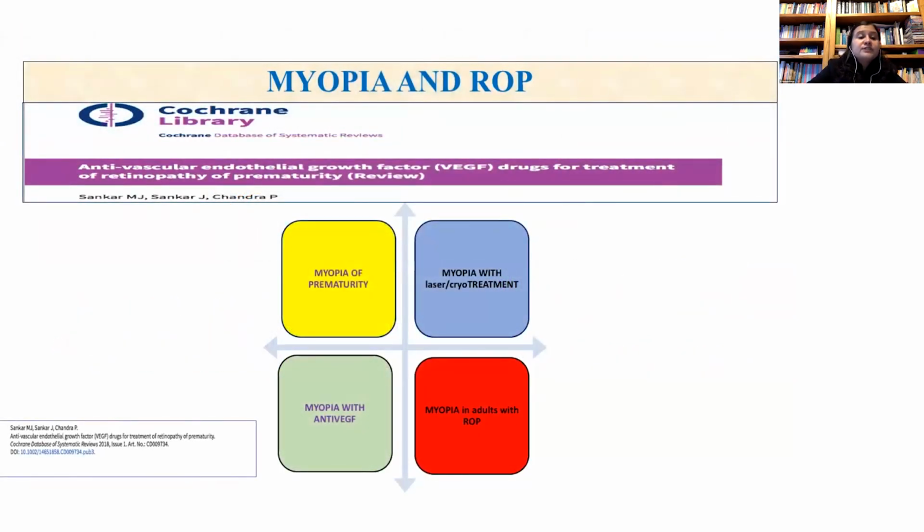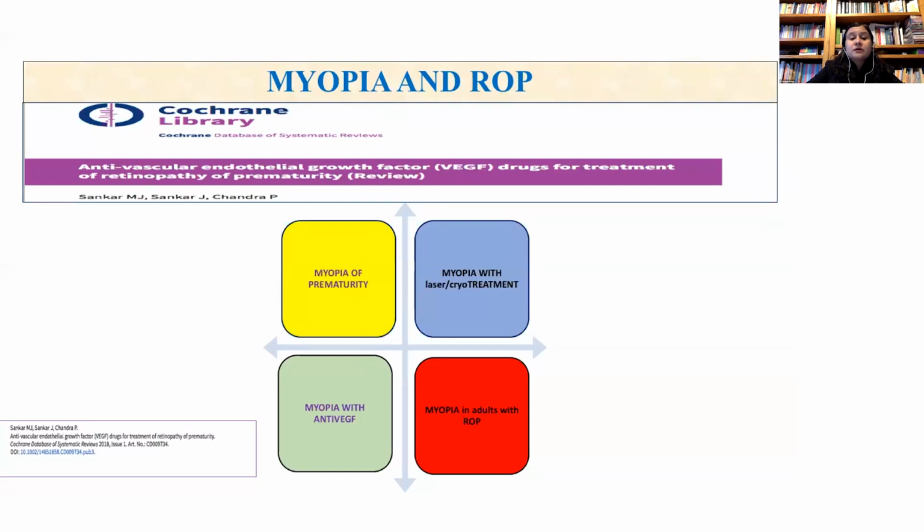So this Cochrane database systematic review included 5 RCT trials, which compared intravitreal bevacizumab and ranibizumab with laser therapy, and even one trial compared pegaptanib with laser therapy.